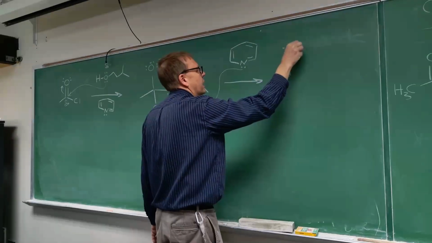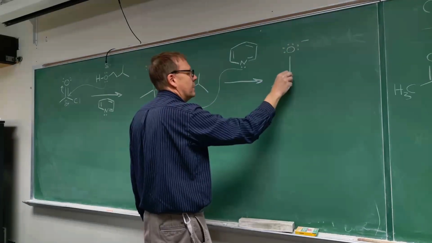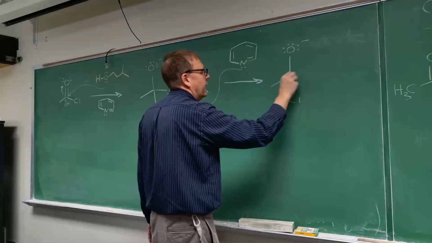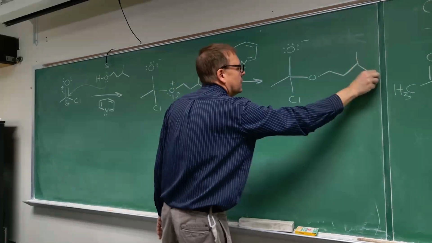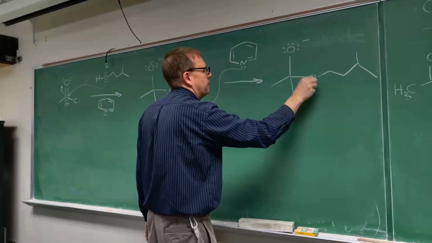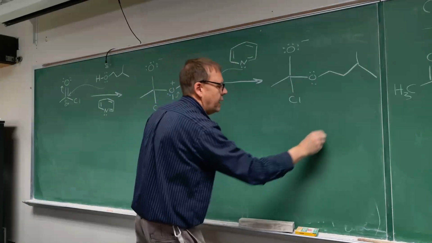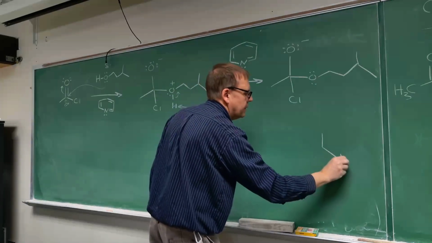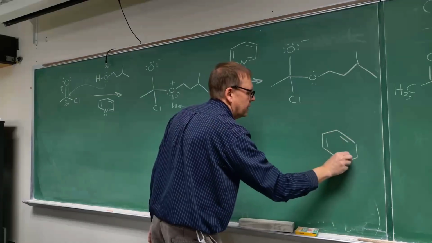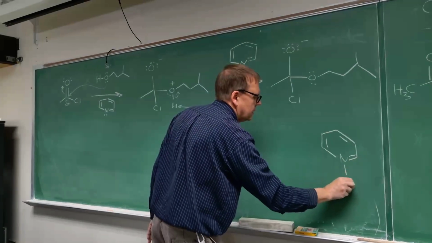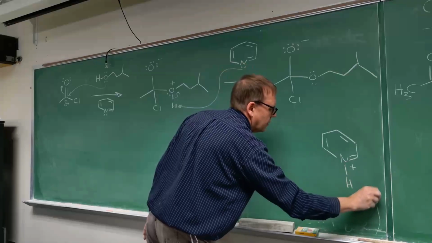That part hasn't changed. But now we have the Cl here. And now it's just the neutral alcohol species that's there. And the other product that we have is the pyridine has accepted that proton and has become protonated. Pyridinium chloride.